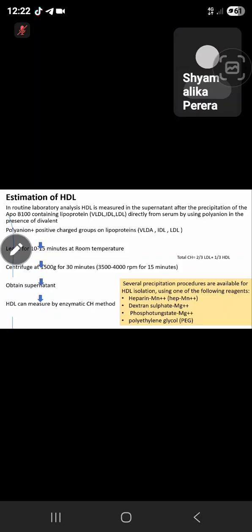So if you reduce the centrifugation time or the centrifugation speed, there won't be appropriate separation of that precipitated substance. So after precipitating, you can obtain the supernatant for HDL assay, because in the supernatant, the only molecule is HDL.